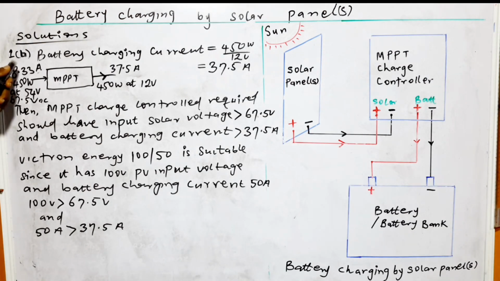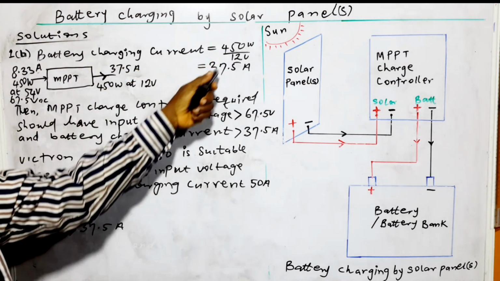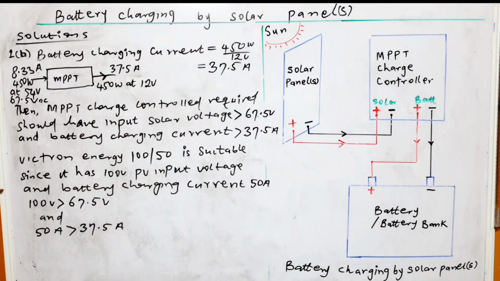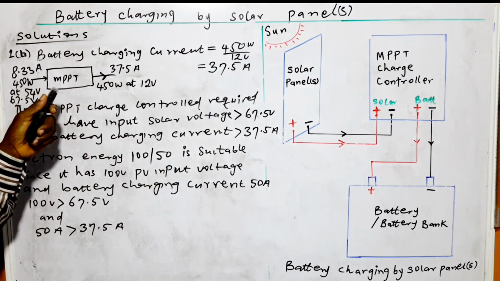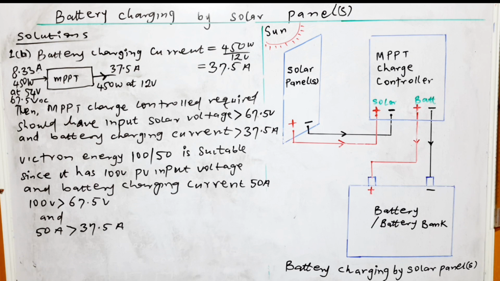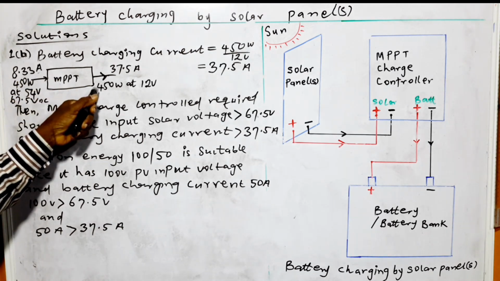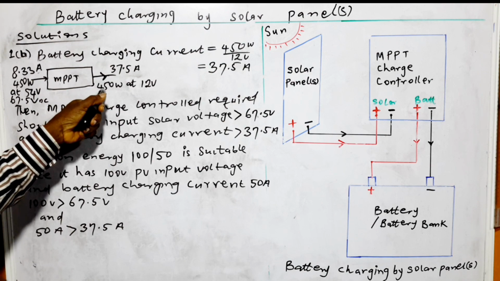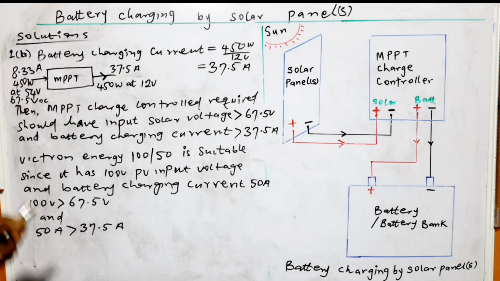Now, solution 1B, battery charging current is equal to this. One thing with the MPPT charge controller is that it behaves like a transformer. The power on the solar panel side is equal to the power on the battery charging side, 450, as we calculated earlier.